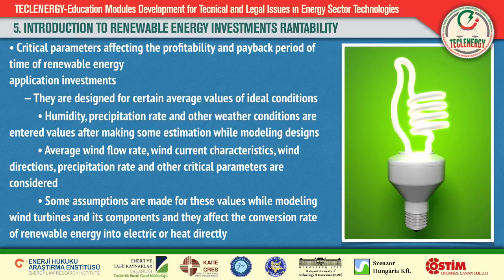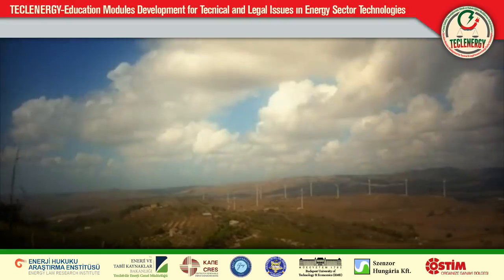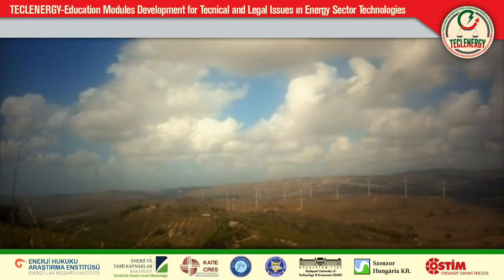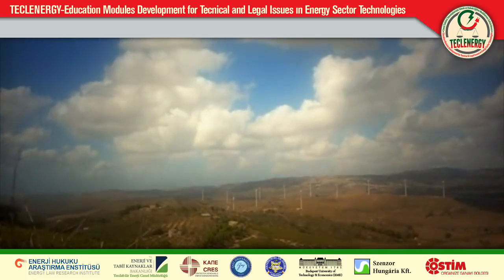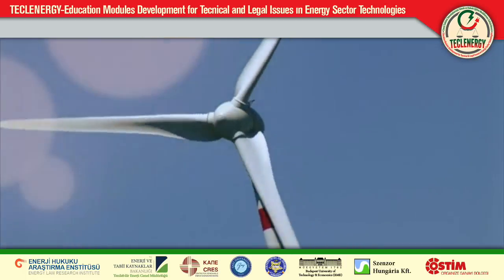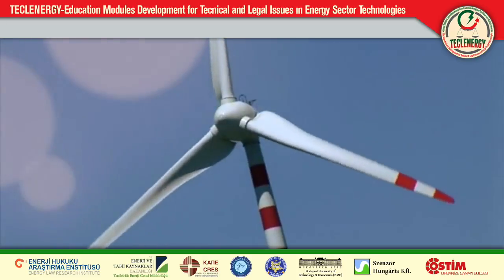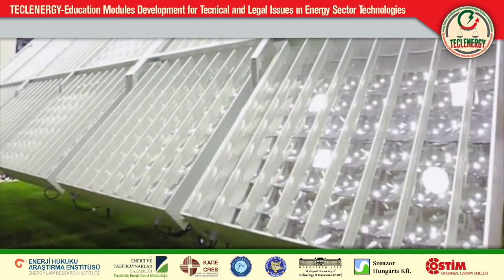Renewable energy technologies are first designed for ideal conditions. For instance, photovoltaic panels are designed for certain average values of sunshine hours. The surface area and content of each cell of solar systems are modeled on some assumptions. Some critical characteristics of any flat land are predetermined.